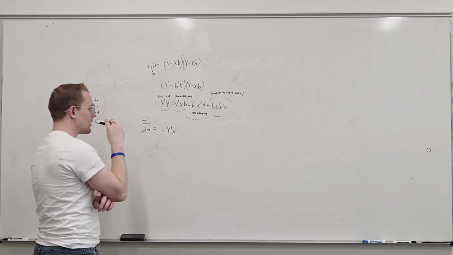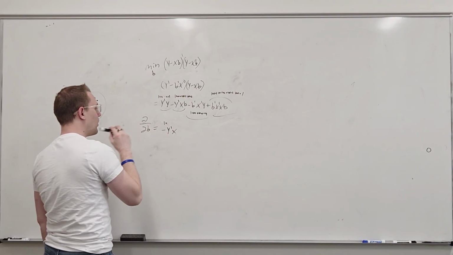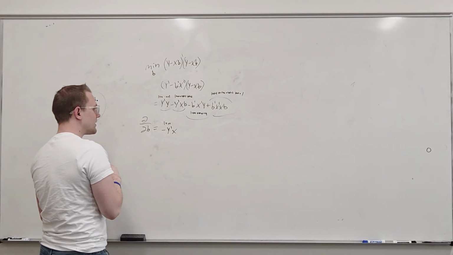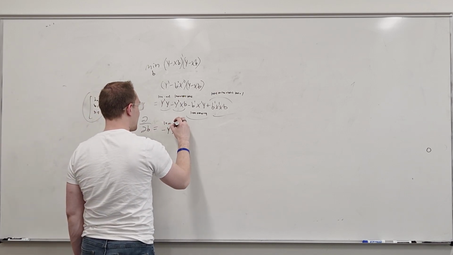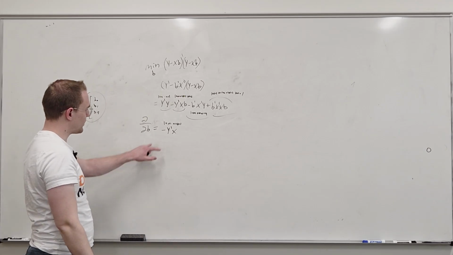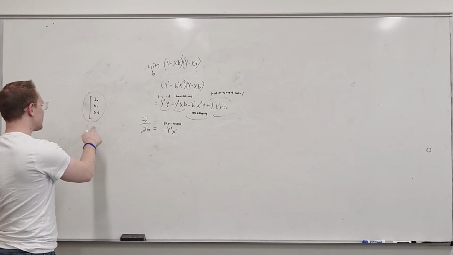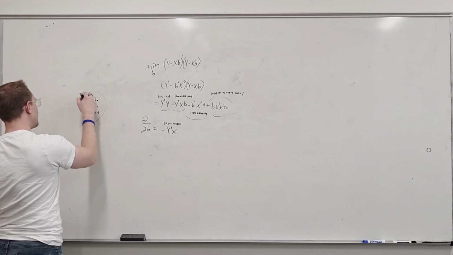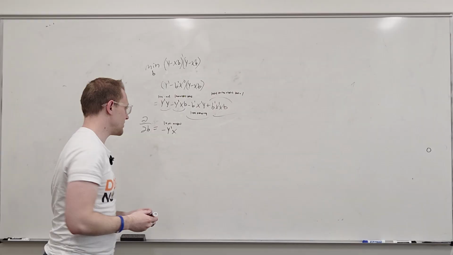Well, y transpose is a 1 by n, and x, as we've established, is an n by k plus 1. Okay, that gives us a 1 by k plus 1. But aren't we looking for a k plus 1 by 1?